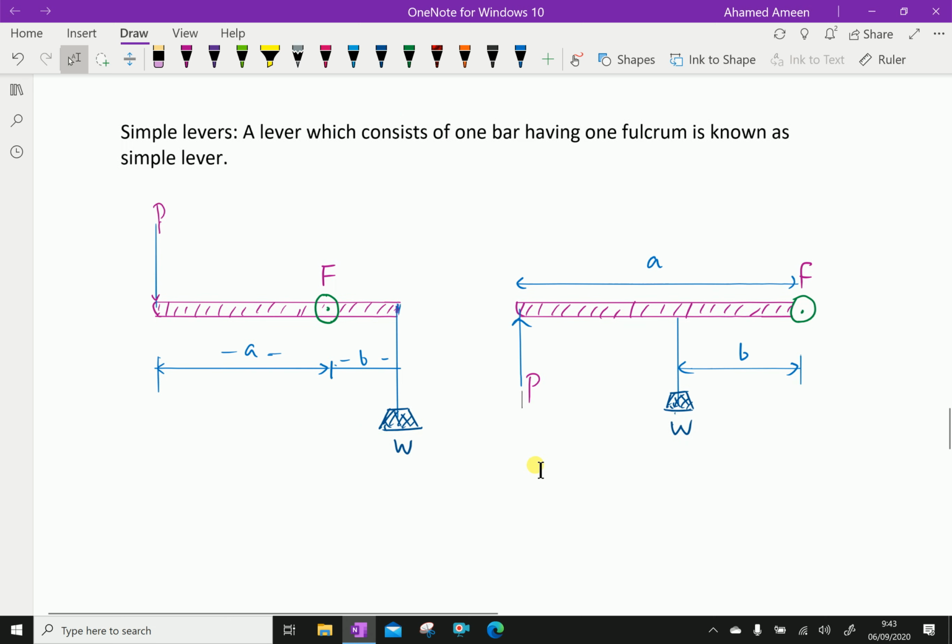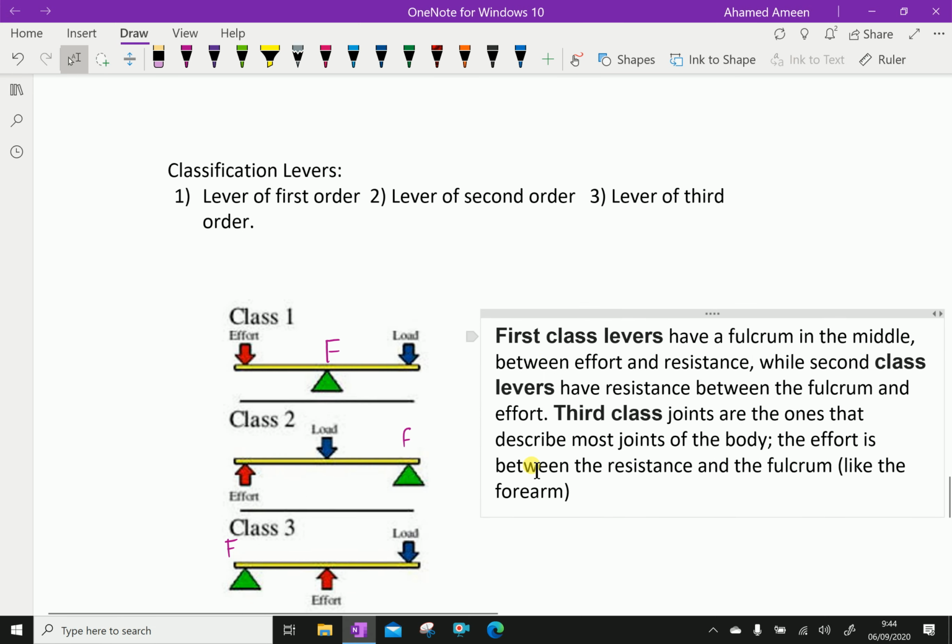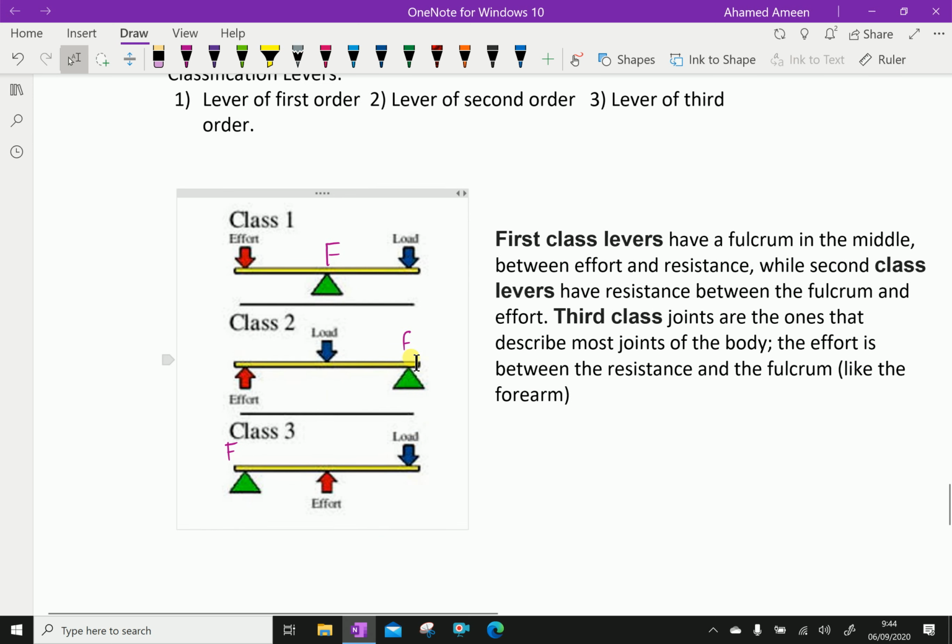Now let us discuss the classification of levers. Levers are classified as levers of first order, second order, and third order. Look at this figure. In class 1, the fulcrum is in between the load and effort.